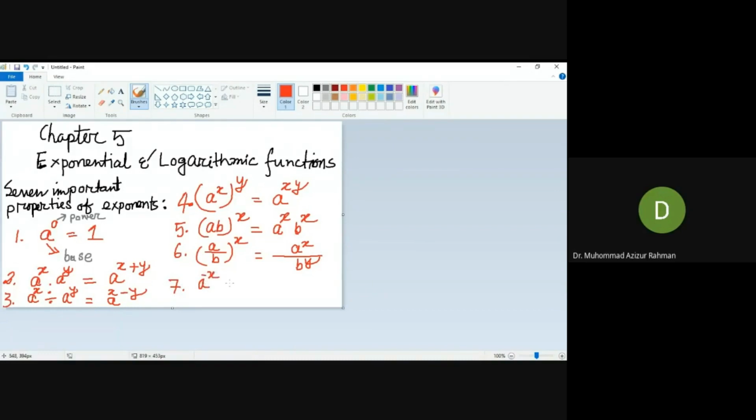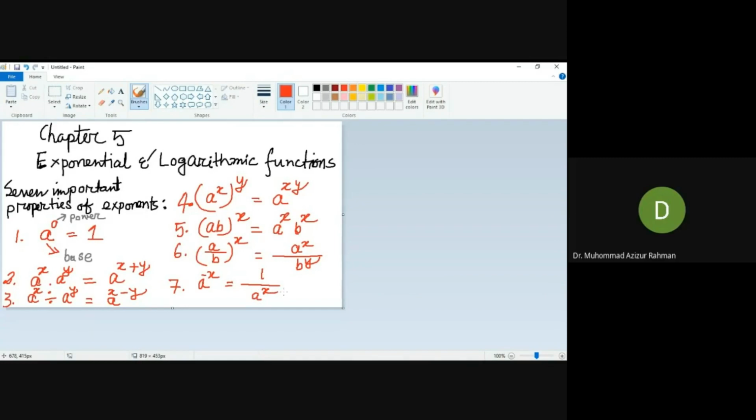That means we can take this a to the power x to below. A to the power minus x means 1 by a to the power x. So these are the 7 important properties of exponents we should know when we want to do some mathematics.